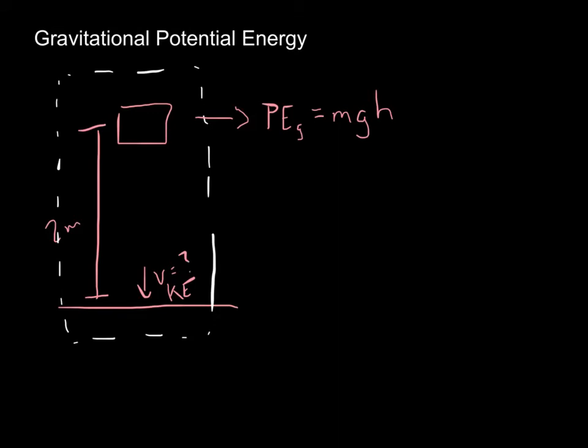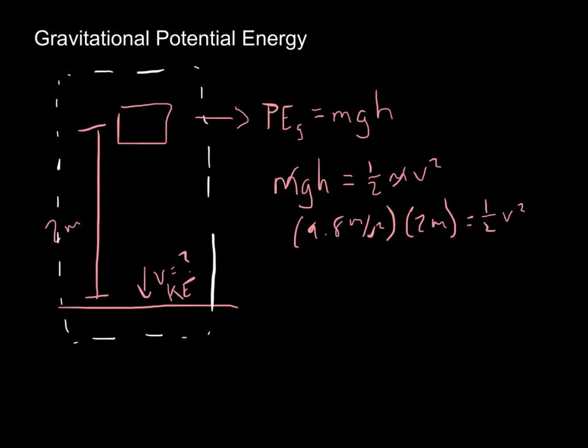Well, let's just set up, we know that our potential energy gets transferred to kinetic at the bottom, so that means my potential energy at the top gets transferred to kinetic at the bottom, masses cancel out, 9.8 meters per second squared times 2 meters equals 1/2 v squared, so v would be the square root of 2 times 9.8 meters per second squared times 2 meters, and whatever that equals would be our velocity. And you could almost make the case that that was even easier than using some of our kinematic equations that we could have previously used.